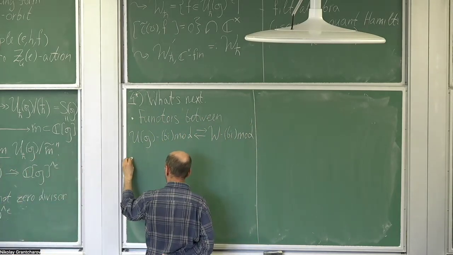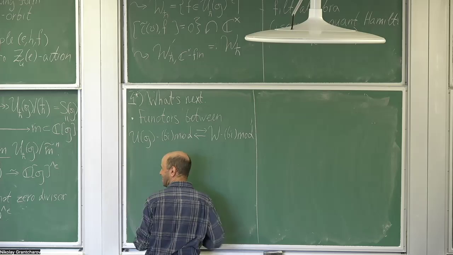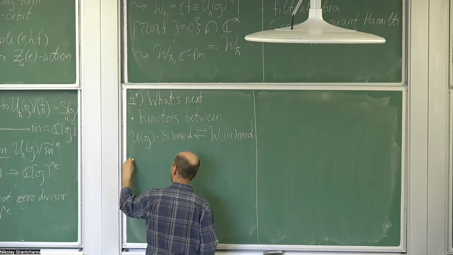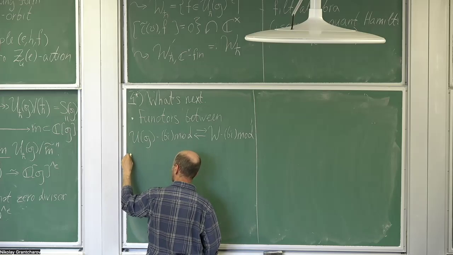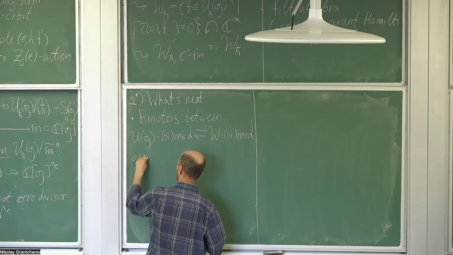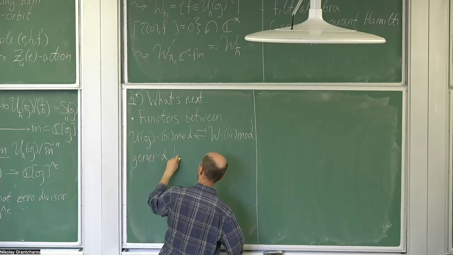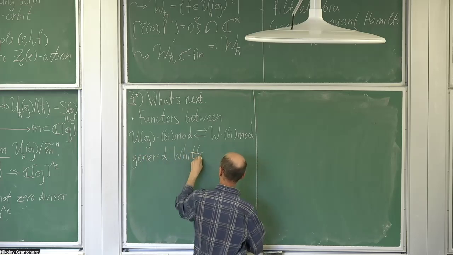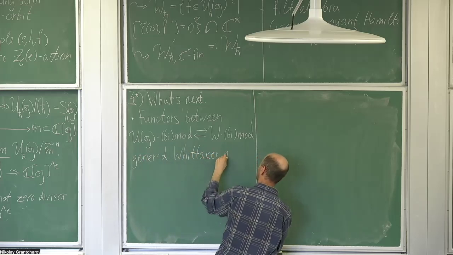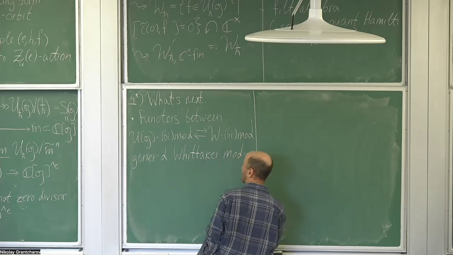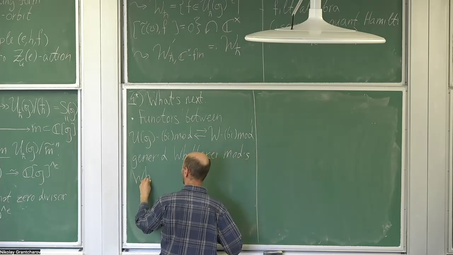So I can consider the so-called generalized Whittaker modules, which I'm going to denote by Wh sub e.